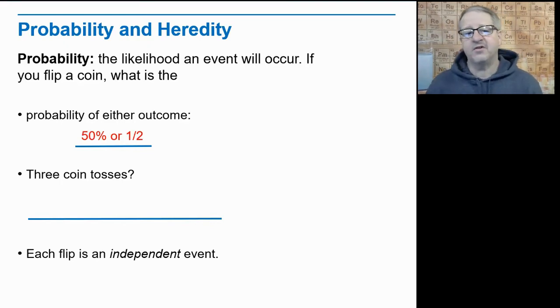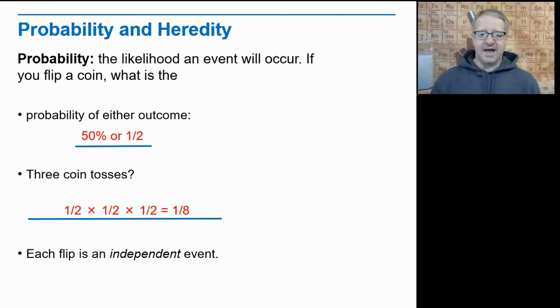Now, what about if you tossed it 3 times? What would happen then? Well, there is a ratio of averages that tells us that 1 out of 8 times you would get tails, if that's what you call. The way that they figure that out is they take 1/2, because that's our probability the first go around, and they multiply that 3 times because you toss the coin 3 times.